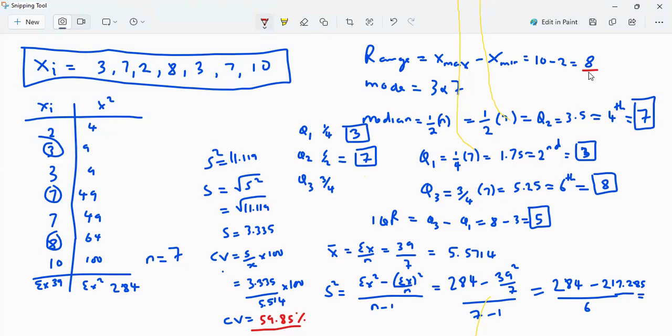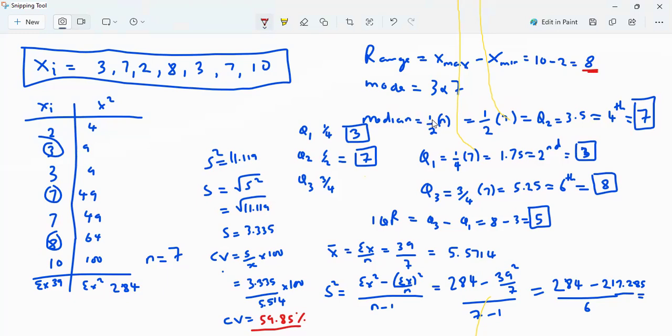Divided by 2, we call this the mid-range. Mid-range is simply the maximum value plus the minimum value divided by 2. So 12 divided by 2 is 6. Then the mode: you look at the numbers that appear the most. So 3 and 7 appear the most, so what we have in this case is a bimodal distribution.